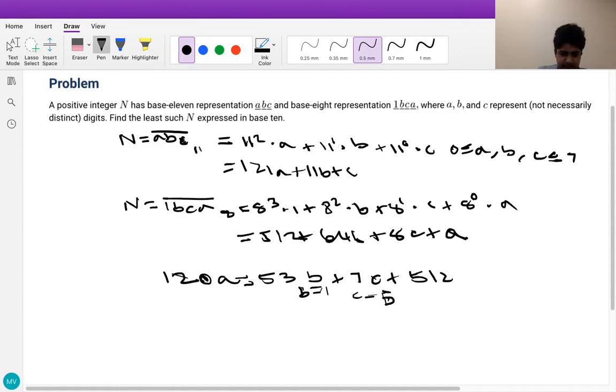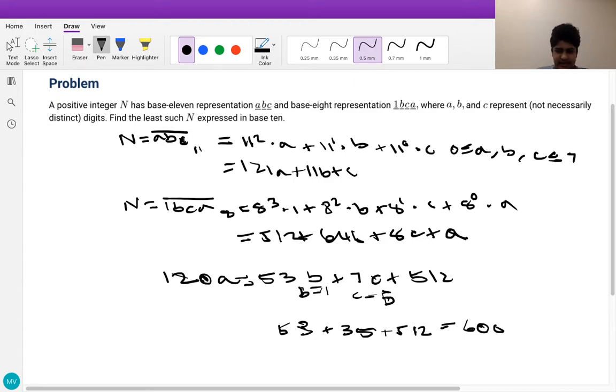Now if we do this, we end up with 53 plus 35 plus 512, and from this, this is equal to 600. And 600 is nice because 600 is a multiple of 120.